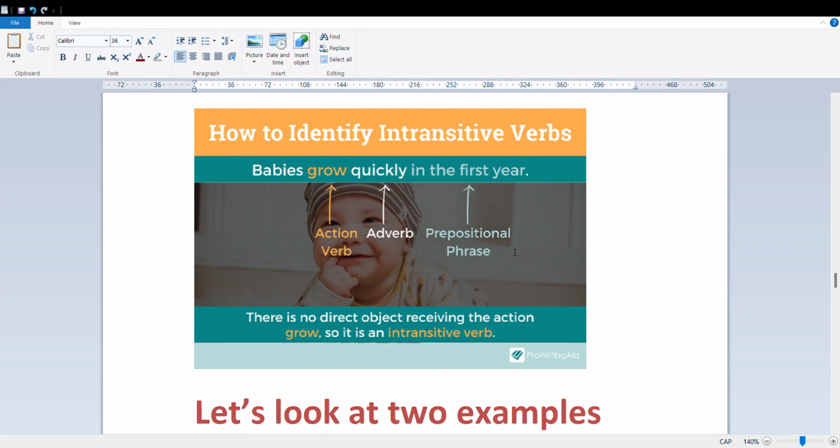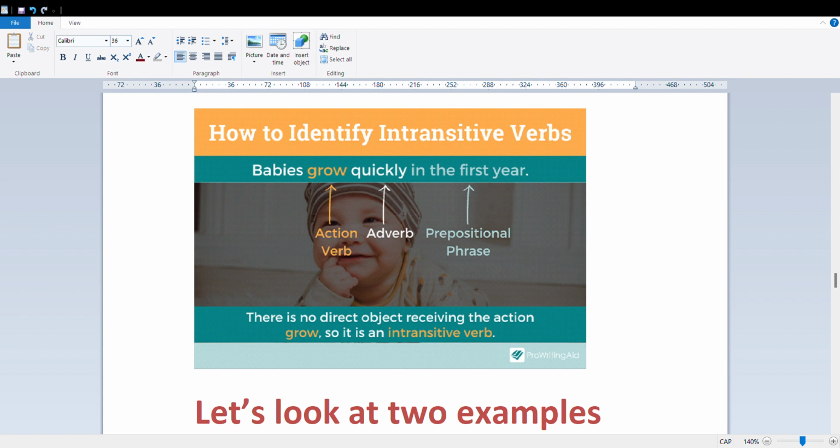And then first year, it's a prepositional phrase. Just keep in mind the action verb. No need to keep in mind the adverb or the prepositional phrase at all. Okay, your grow will be the action verb. So there is no direct object that is receiving the action grow.